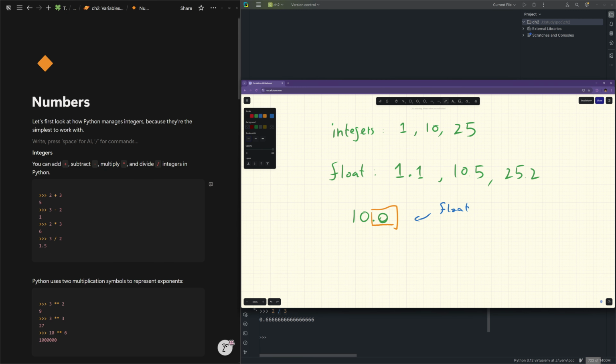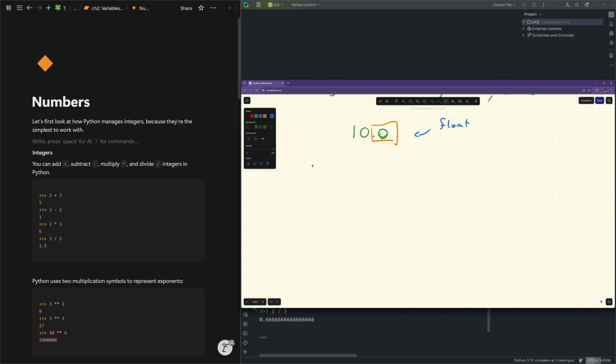Let me write them down. So we call them arithmetic operators. There are not many. You can learn about all of them in one sitting.